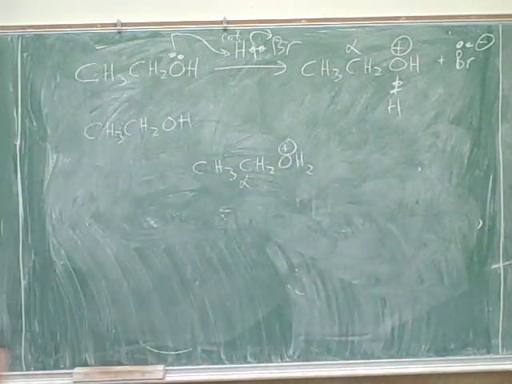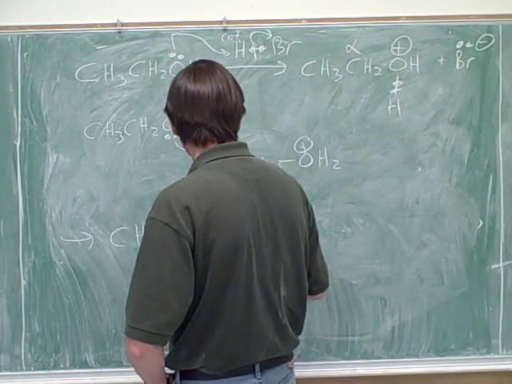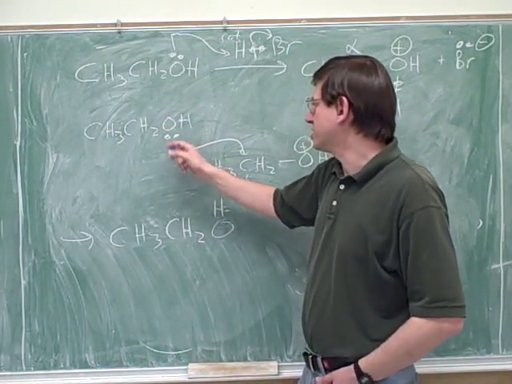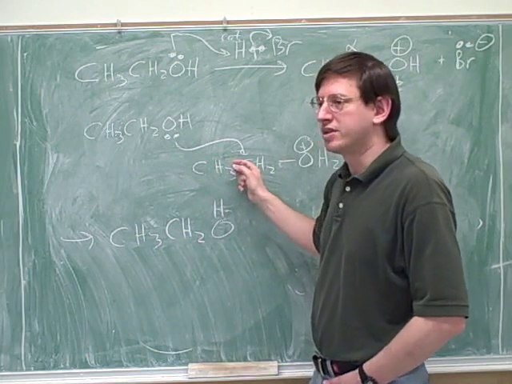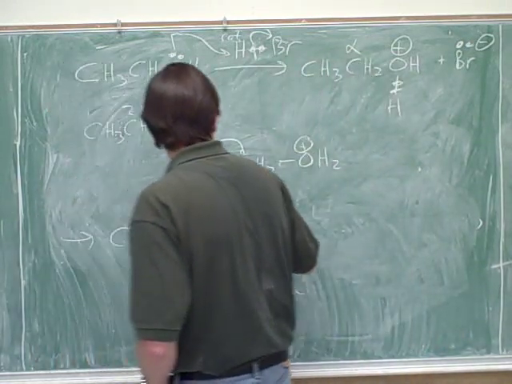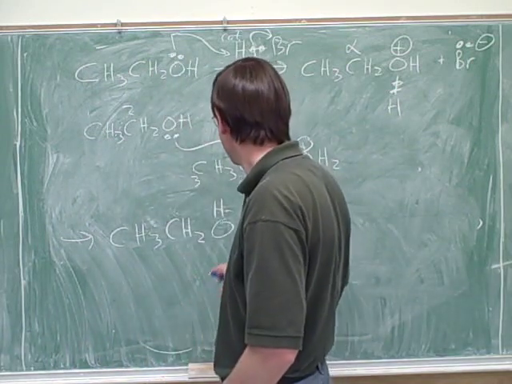Let's try drawing the arrows for that. All right, so we know that this arrow means this oxygen is using the pair of electrons to form a new bond to this carbon over here. Maybe I'll number the carbons: 1, 2, 3, and 4.